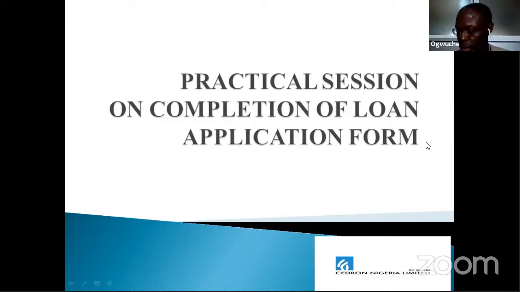We set aside Thursday specifically for this so that our members can have the opportunity of acquainting themselves with how to complete these application forms. Because we know there are quite a number of questions that our participants like to ask all the time when it comes time to complete the questionnaire and then the application forms.